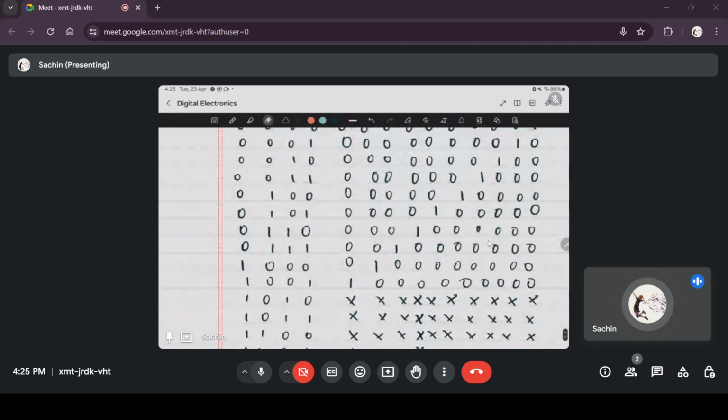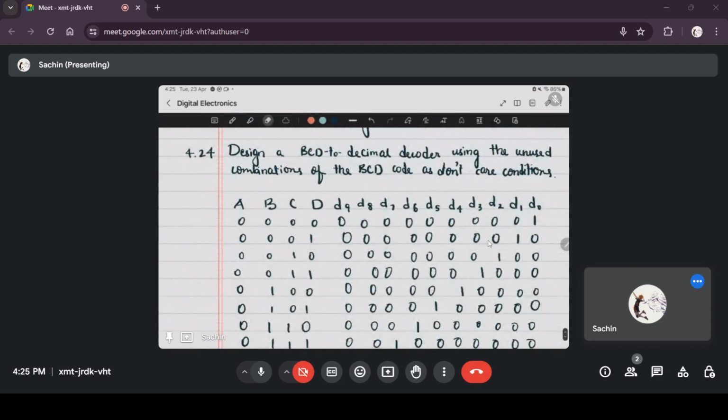So that is the truth table for the BCD to decimal decoder.